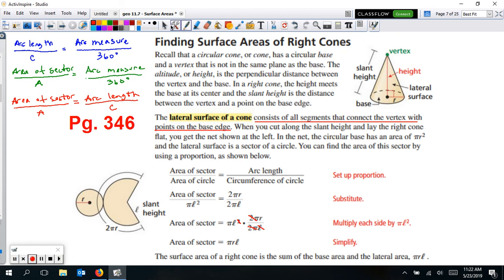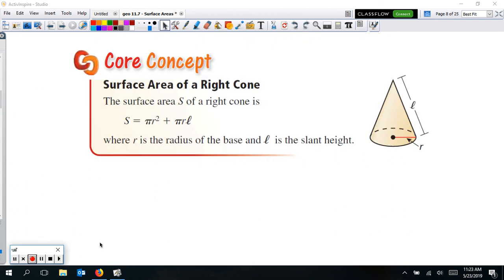So that now takes us to our core concept, which you can see here, where the big S is the surface area. To find the surface area of this right cone, it is the area of the base, which is pi r squared, plus the area of the sector, which is pi r L, which is what we just got.